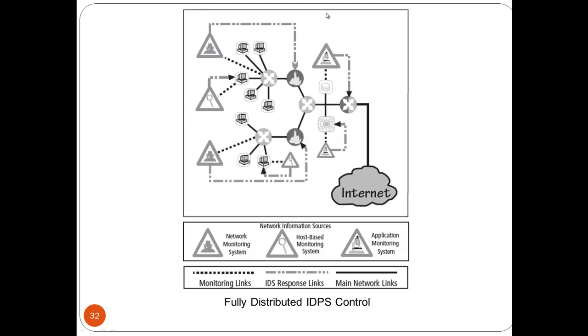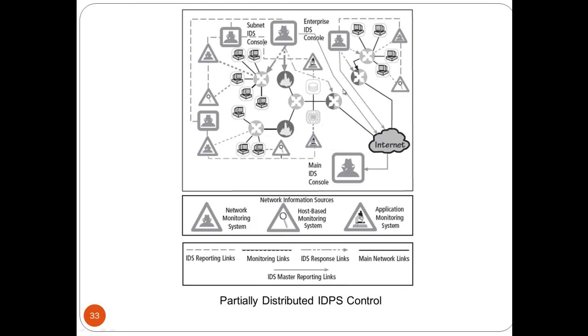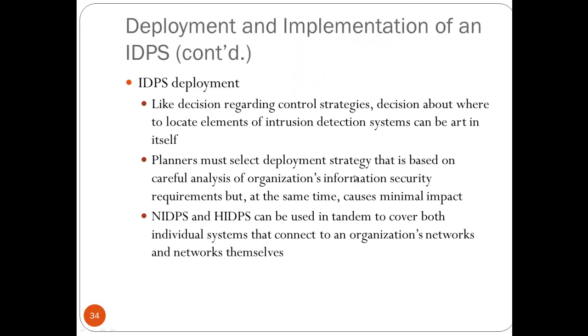There's no aggregating of information. And then the partially distributed, where we still have an enterprise intrusion detection system, and then we have subnet intrusion detection system councils, which handle issues within their own network segment, but still roll information up to the main council so that it can be aggregated across the organization.